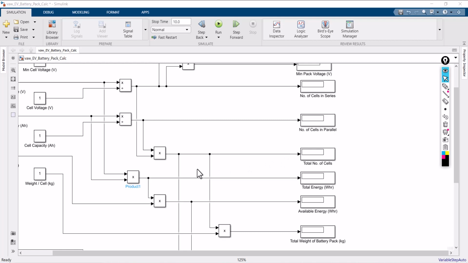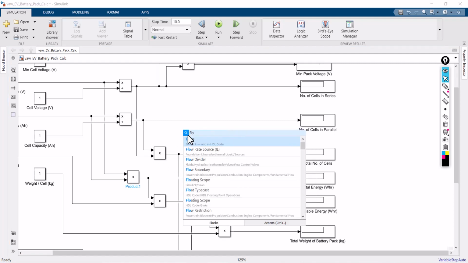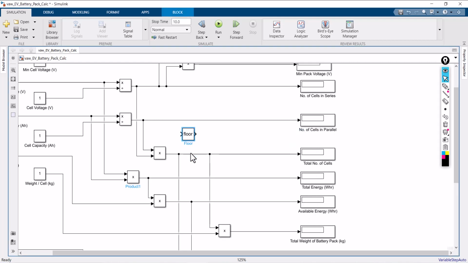So in this case, I'm going to take only the total number of cells which is completed. So what I'm doing here is, let me take a floor. I'm going to place a floor here.